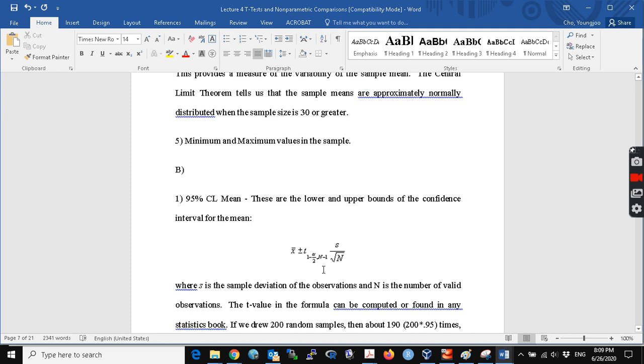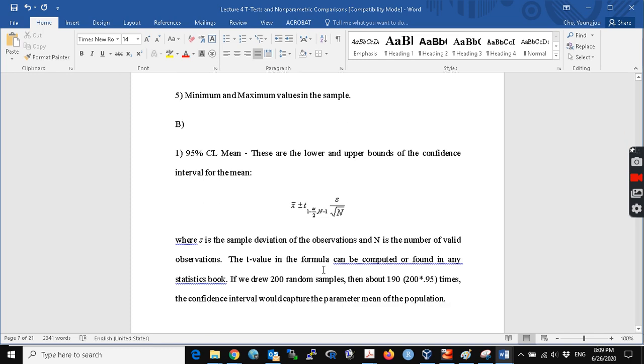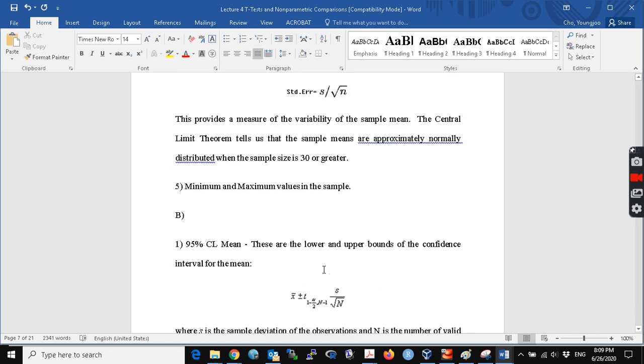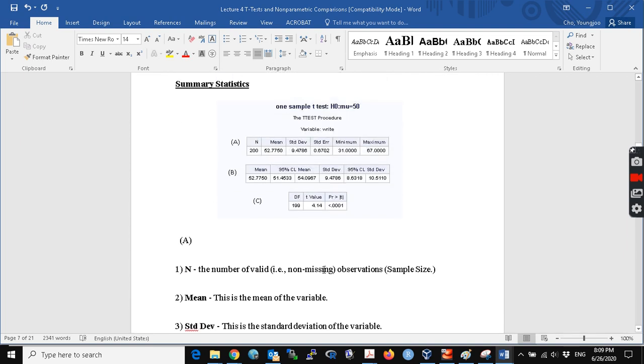You can find this t value in statistics books, or you can find it numerically using software. And this interval means that we are 95% confident that the mean is between 51.45 and 54.1.